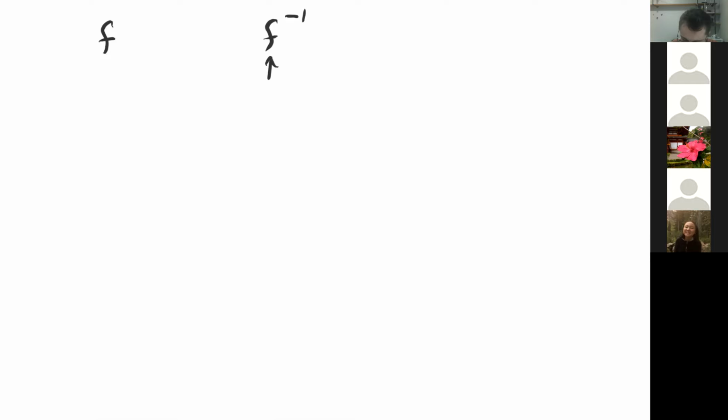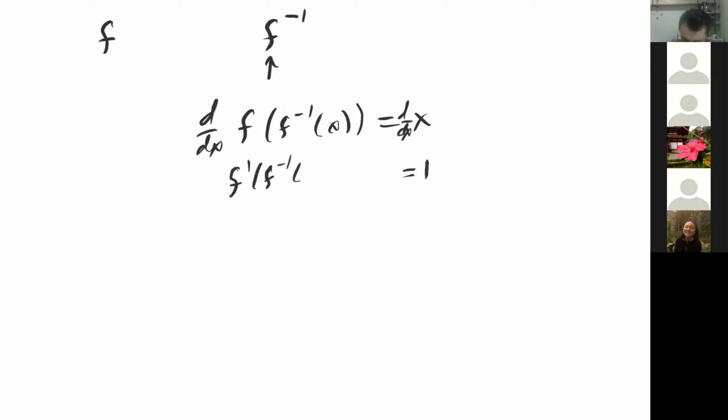Again, this is something that people memorize formulas for, but it's really unnecessary. What you have to do, insight, is that f of f inverse of x is equal to x. So now let's take the derivative on both sides. The right side gives you 1. The left side gives you, by the chain rule, f prime of f inverse of x times, okay, derivative of the inner function, that's f inverse of x prime.